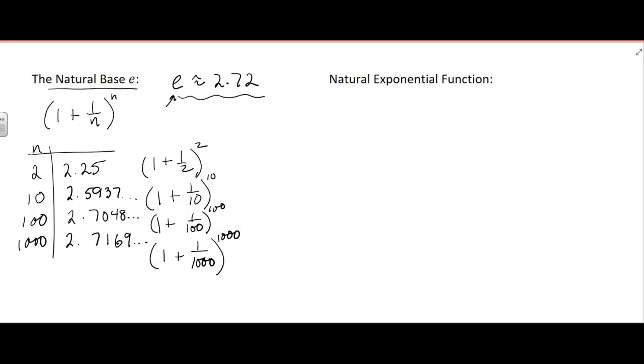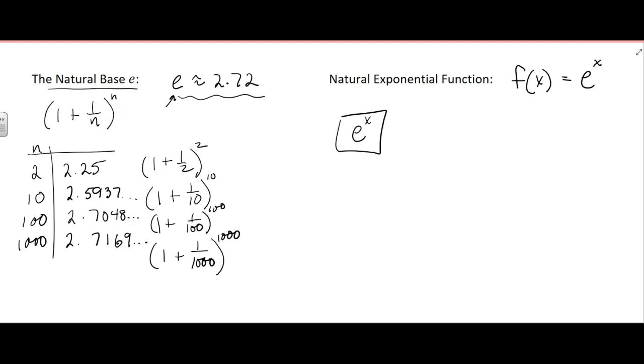Okay, so what does that mean for the natural exponential function? Well, we could have then f of x equals e to the x power. Now you probably have a button on your calculator that says e to the x. Okay, so you can find that on your calculator.